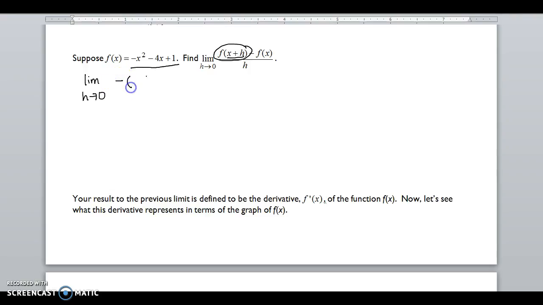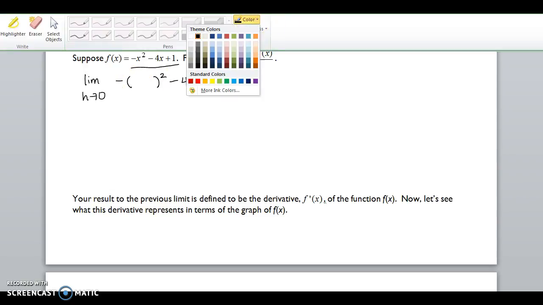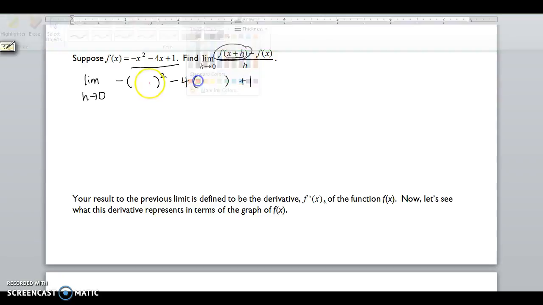Negative something squared, that's what the x is, minus 4 something plus 1. Okay? But if we're doing f of x plus h, that means that I plug in x plus h for that something. I'm going to change my color. X plus h and x plus h.